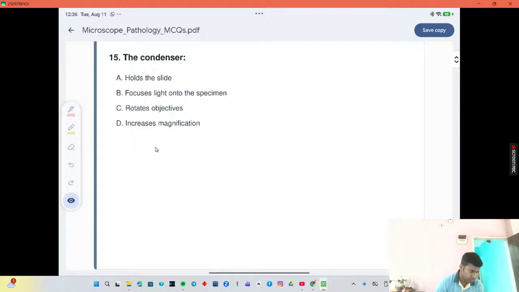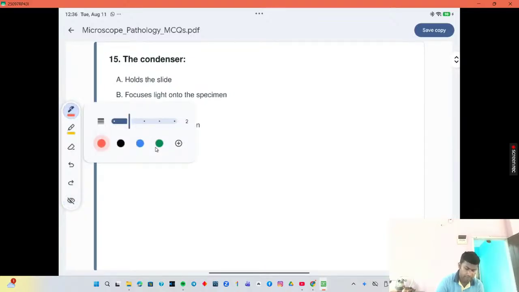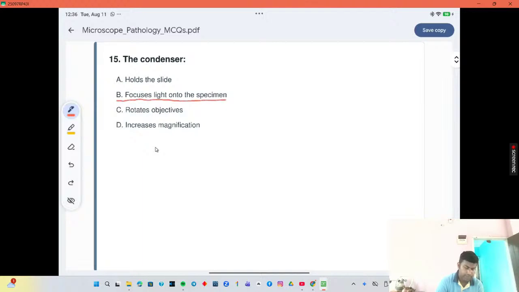Anyone? The condenser helps in focusing light onto the specimen. So, what is the role of the condenser in a microscope? The condenser helps in focusing light in a microscope.